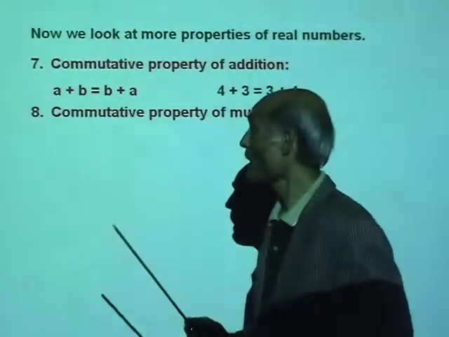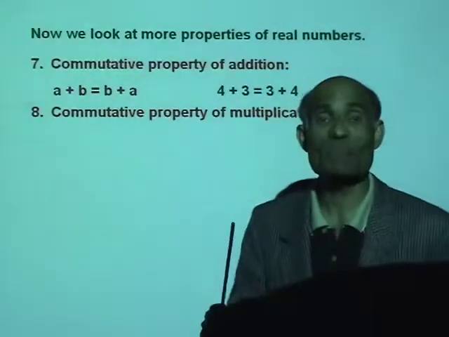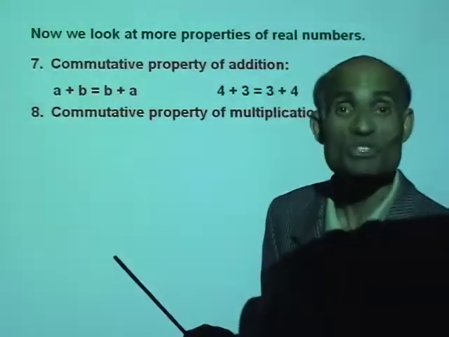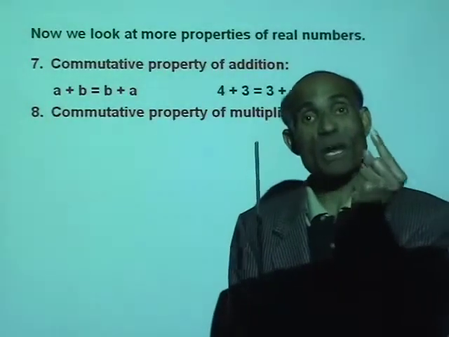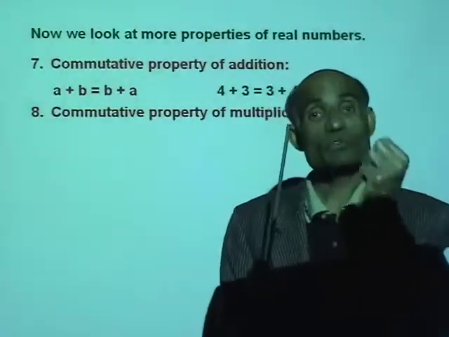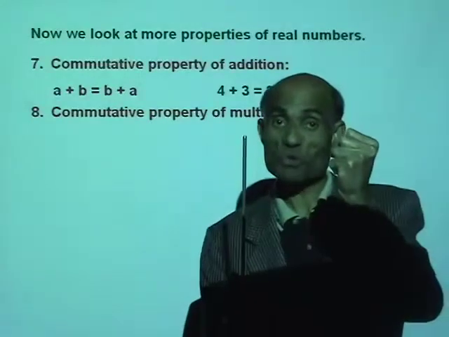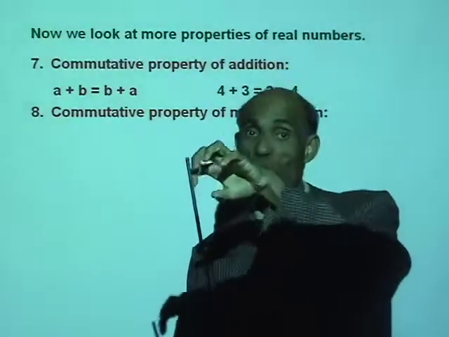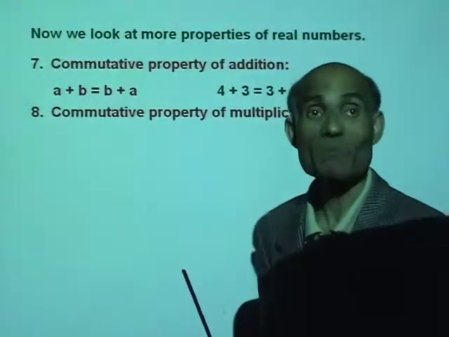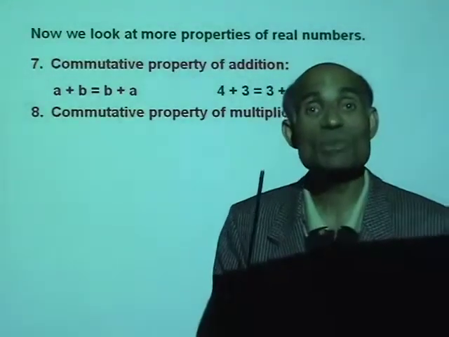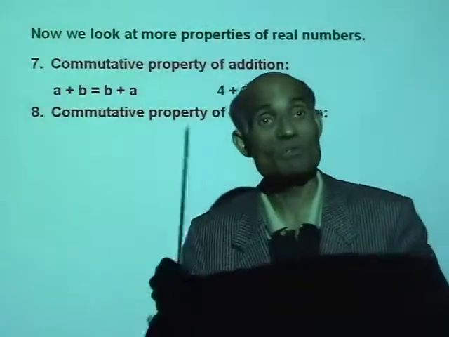In that case, what is commutative property of multiplication? Is multiplication also commutative? 3 multiplied by 2, is it the same as 2 multiplied by 3? Yes. So commutative property is equally applicable to multiplication.